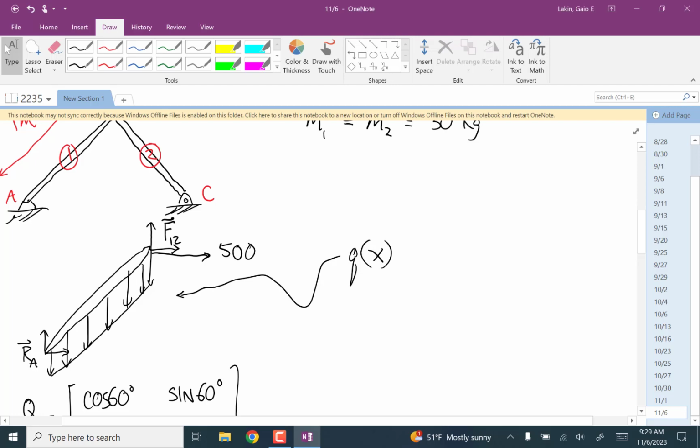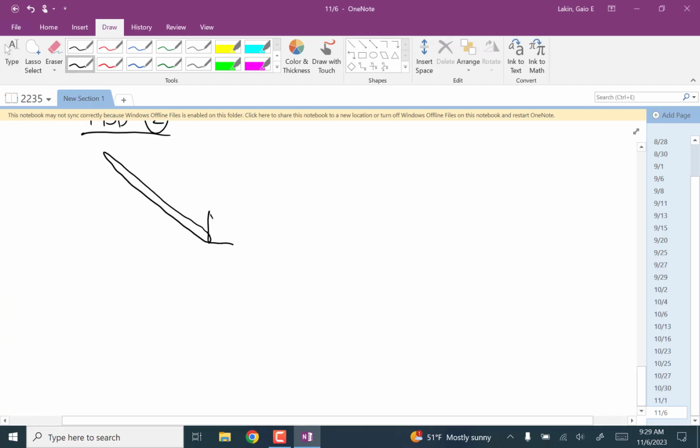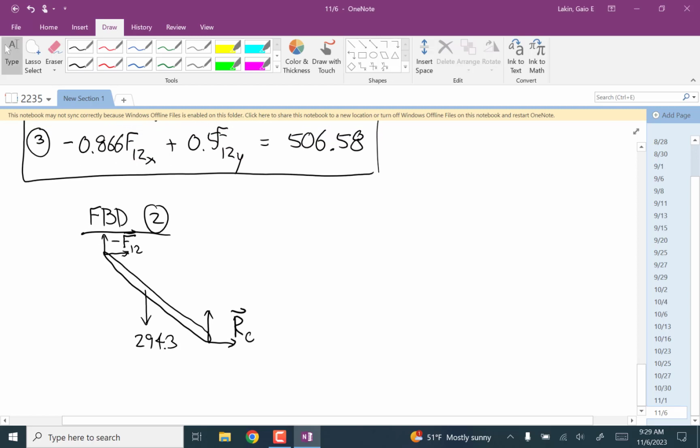It would just collapse flat. So this has to be a pin joint. So we've got RC here, 294.3 here, force vector of negative F12 here, and we already dealt with the 500. I'll put my about point down there.